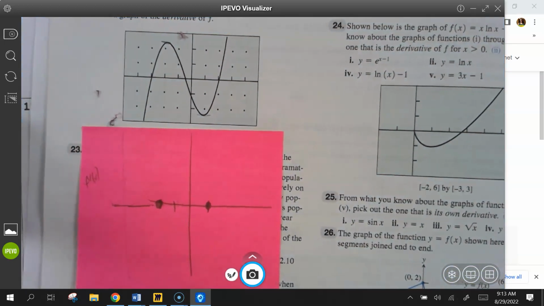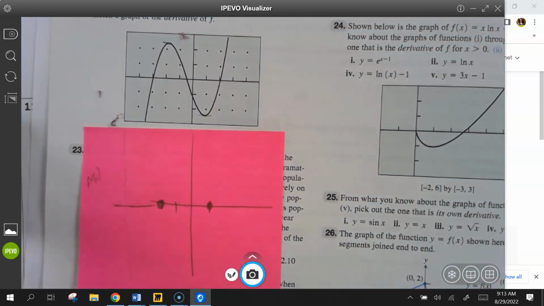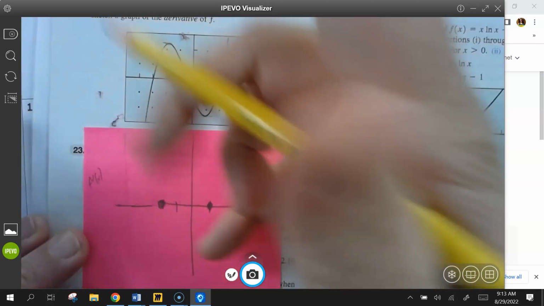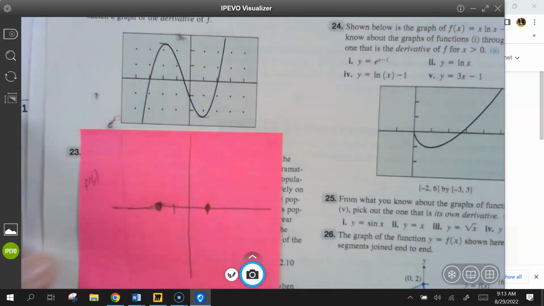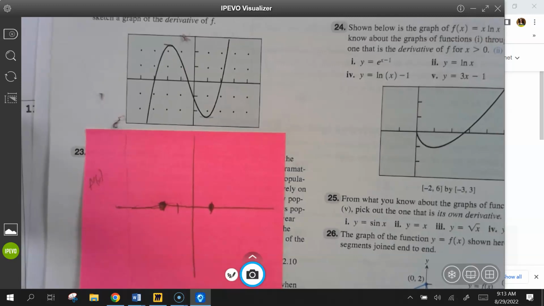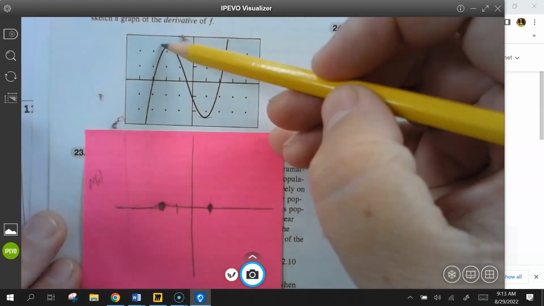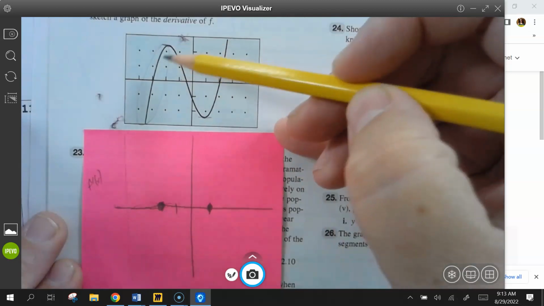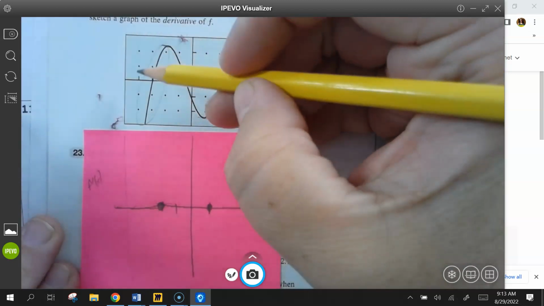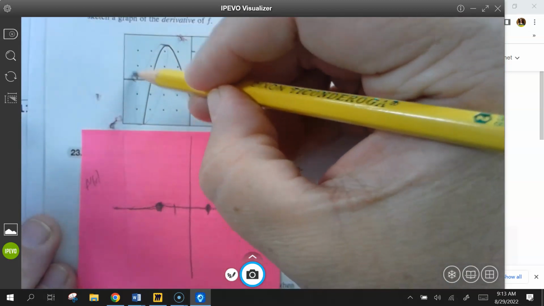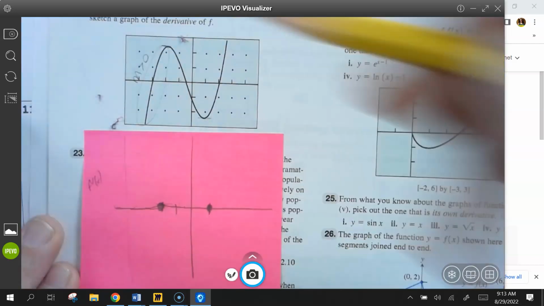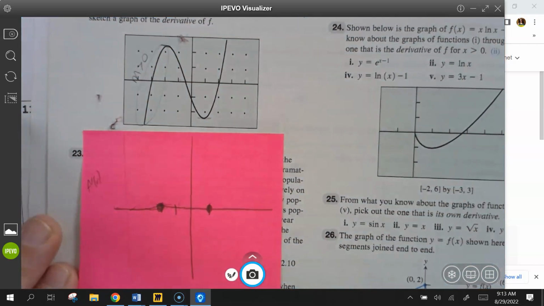Do we all see where those 2 points came from? If my axis was... All right. Okay. When I'm increasing, I'm positive. When I'm decreasing, I'm negative. So all of this is increasing. Do you agree? So for all of these, my slope is going to be positive, right?